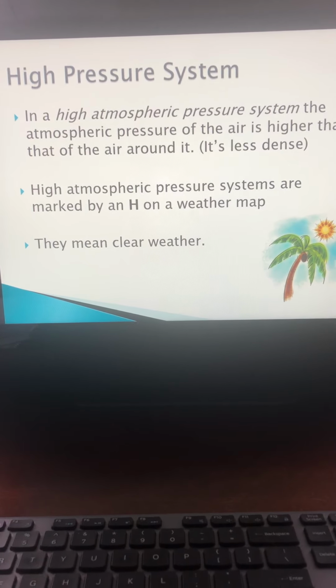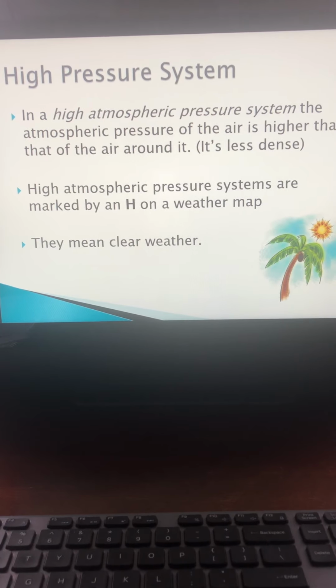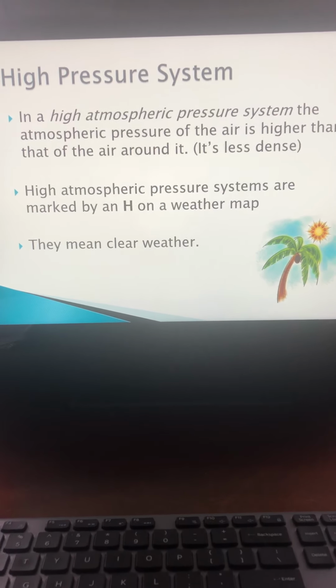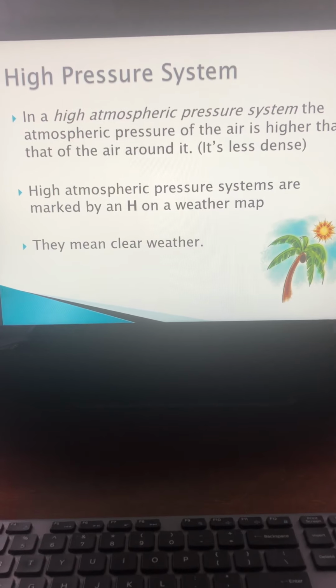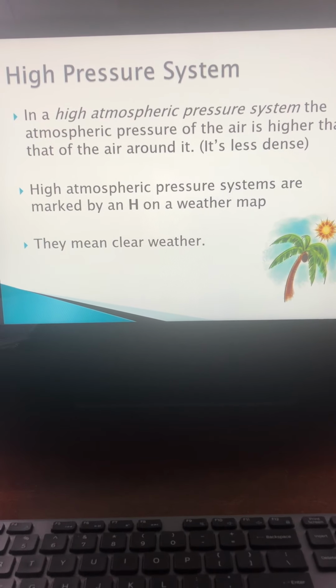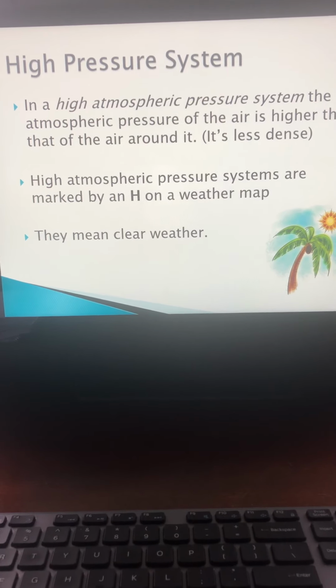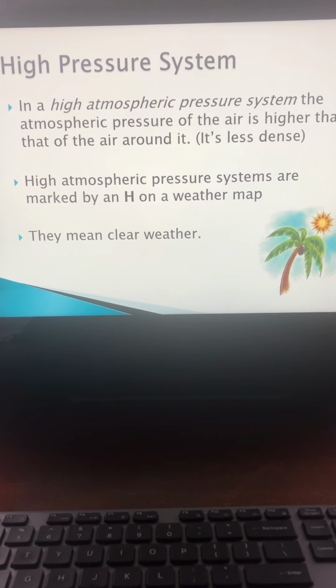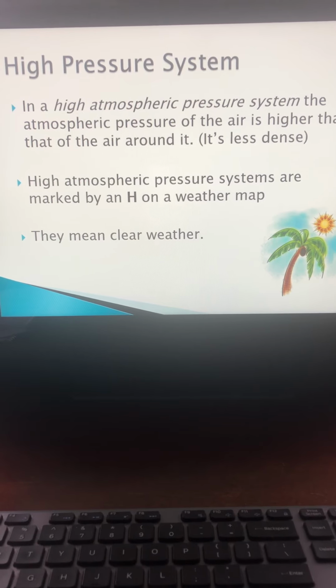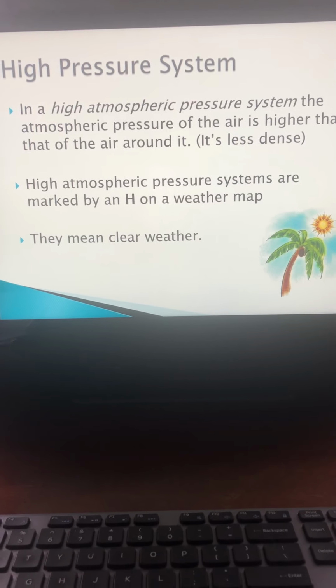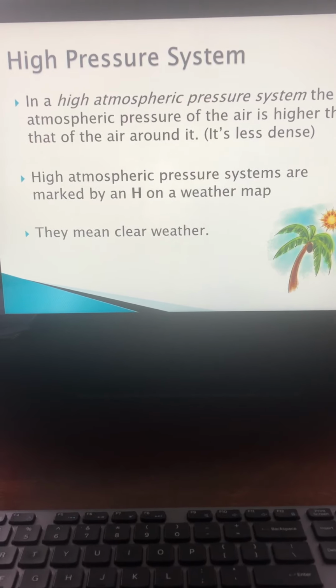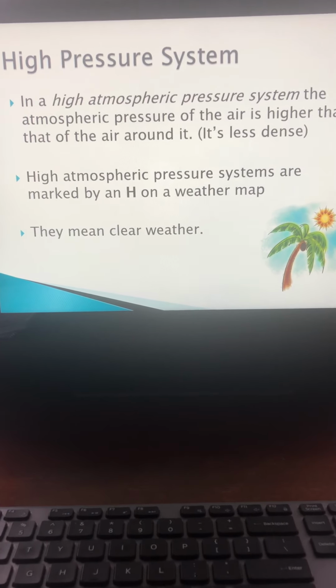So the high atmospheric pressure systems are marked by an H on the weather map, and we'll talk about a weather map later on and the symbols that are used. And this basically means that there's going to be clear weather. So the weather's going to be nice. So whenever you see a meteorologist talking about a high pressure system coming through, or a capital H you see on a weather map, you know that the weather is going to be clear, nice, good weather.